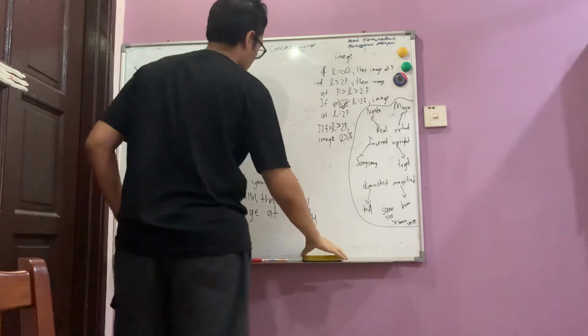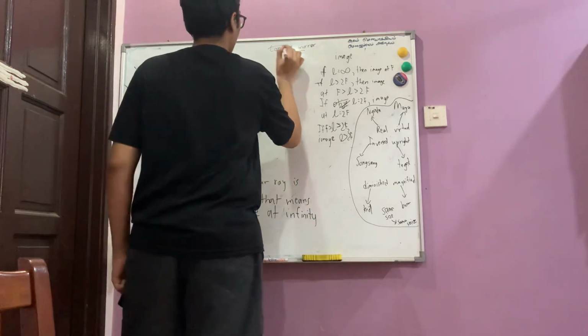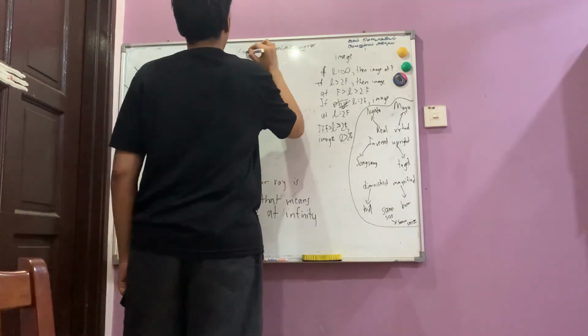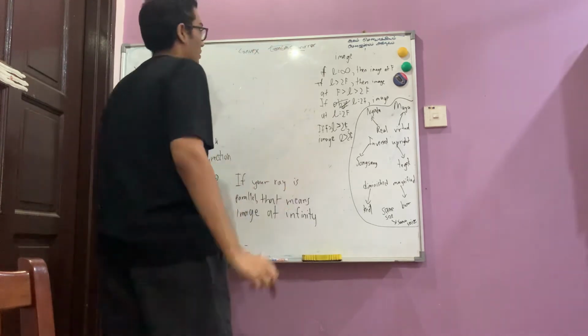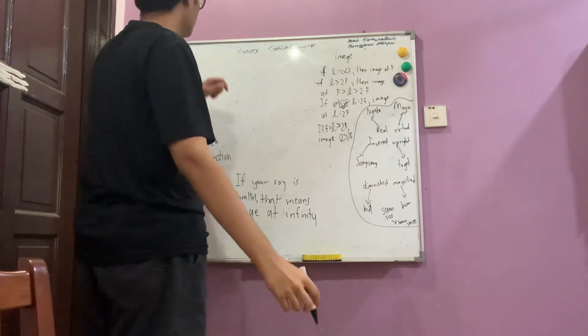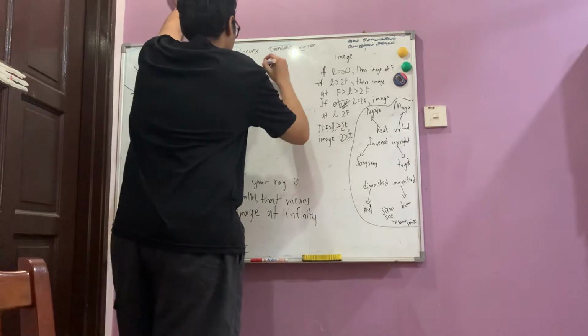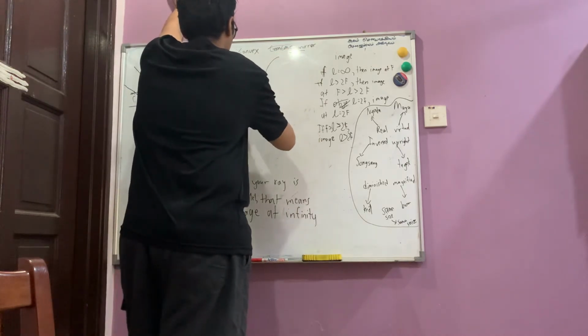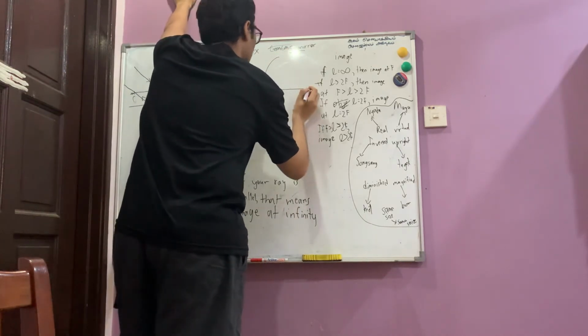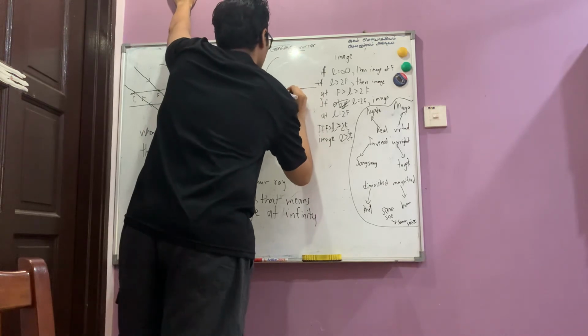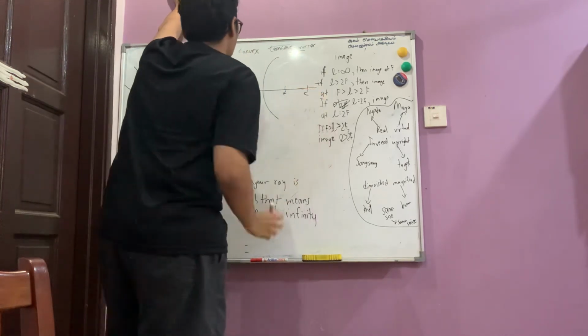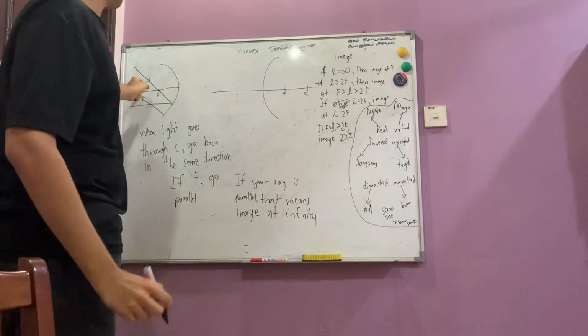So now it's not concave, it's convex mirror. Convex mirror like this. F, C. Okay. Convex mirror, same thing.